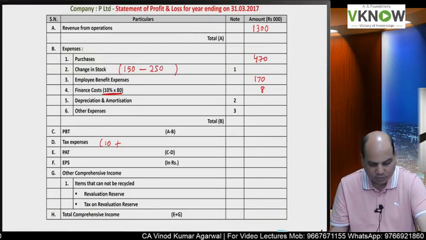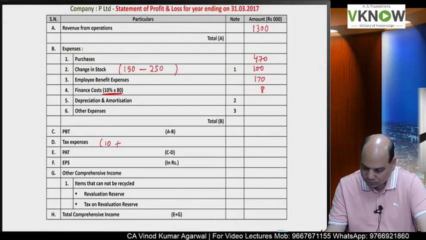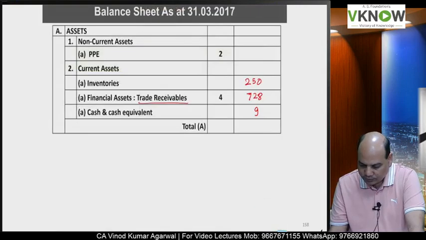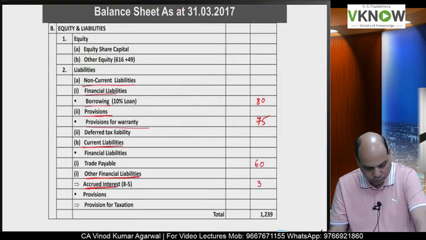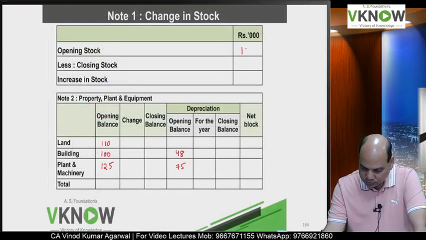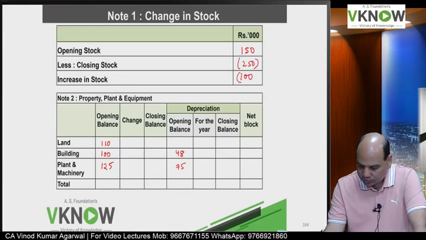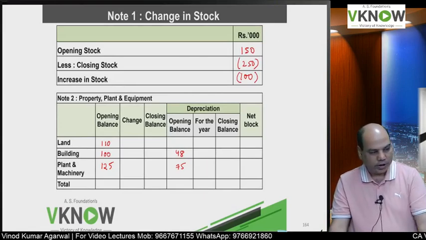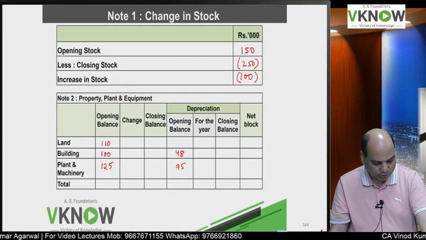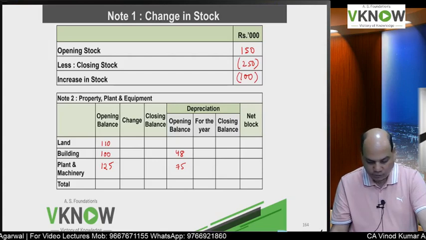How much is that? 100. But we have a note also on that. Anyway, if we have a note, we'll write in the note first. Go to the note. Opening stock was how much? 150. Closing stock? 250. So 100 is the increase in the stock, negative. Write down the negative figure. And in the balance sheet you have written?